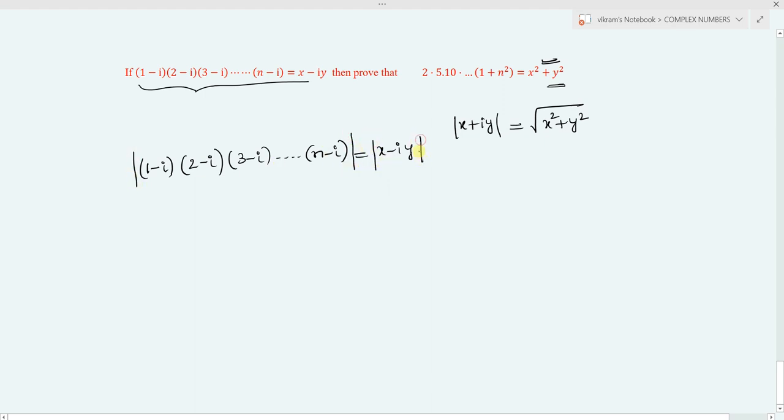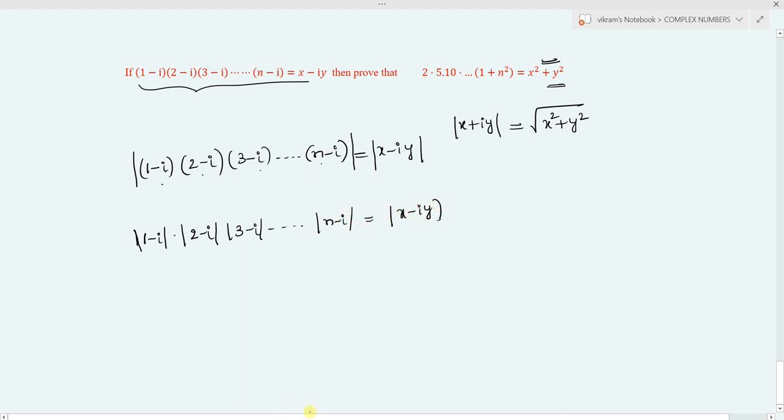Z1 into Z2 into Z3 into Zn all modulus can be written as modulus of Z1 into modulus of Z2 into modulus of Z3 into modulus of Zn equals modulus of x minus iy.